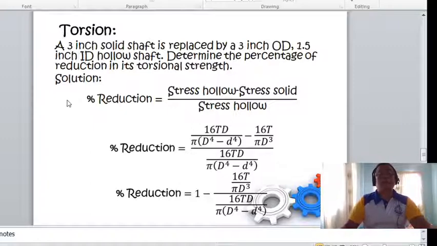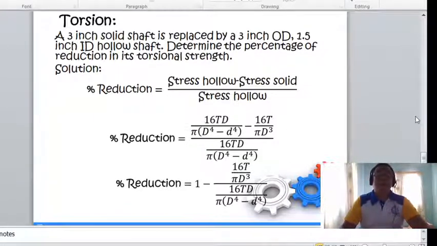For the hollow shaft, that is 16TD over pi times (D to the fourth minus d to the fourth), minus, for the solid, 16T over pi d cubed, over the hollow, which is 16TD over pi times (D to the fourth minus d to the fourth). So, dividing 16TD over pi D to the fourth by 16TD over pi D to the fourth is equal to 1. And then 16T over pi d cubed divided by 16TD over pi times (D to the fourth minus d to the fourth).